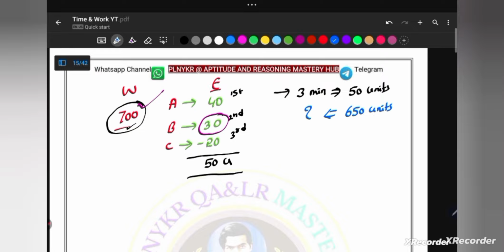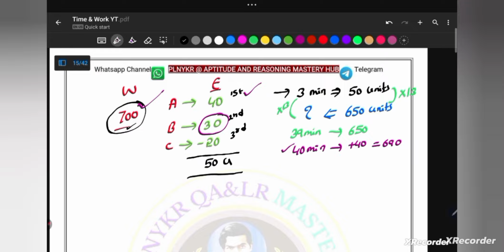If you observe, it is a multiple of 13. So we'll be multiplying the time by 13. That means after completing 39 minutes, the work done will be 650 units. Next, in the 40th minute, who will be working? A will be working, doing 40 units of work. So 690 units will be done after completing 40 minutes.